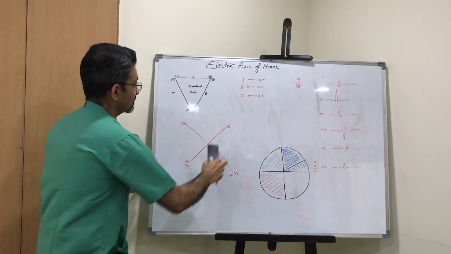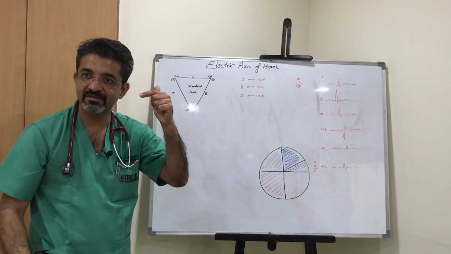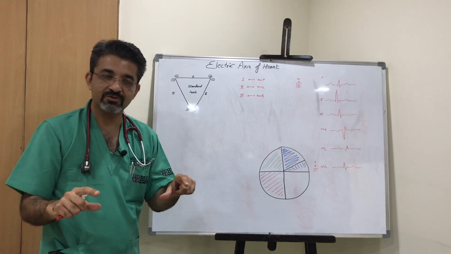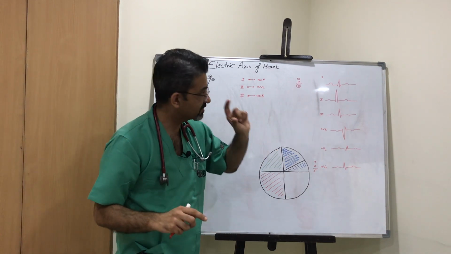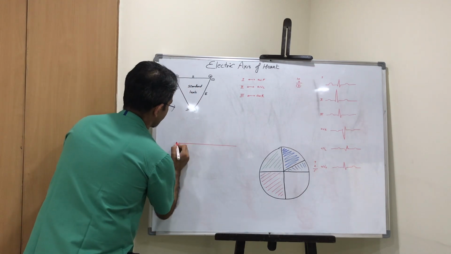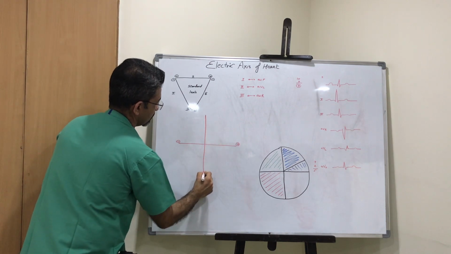So what I will do is, I will draw lead 1 and AVF in my mind. You have to practice it in your mind when you see an ECG in your exam. You take lead 1 and AVF, calculate and do it in your mind.